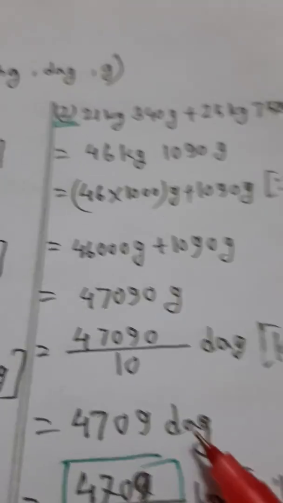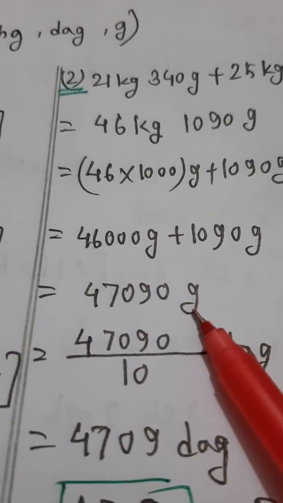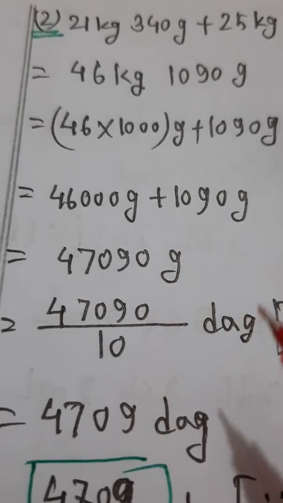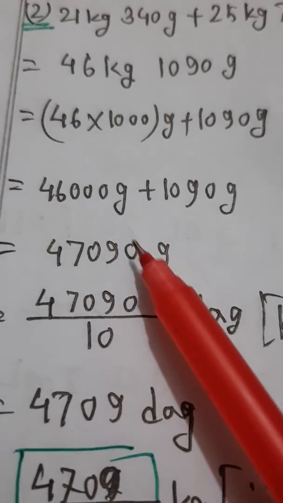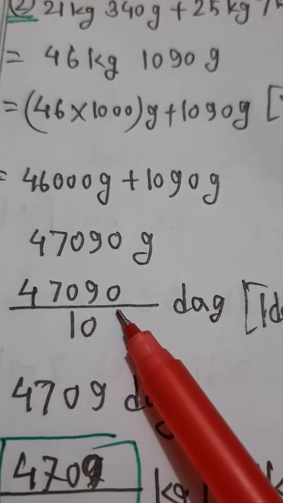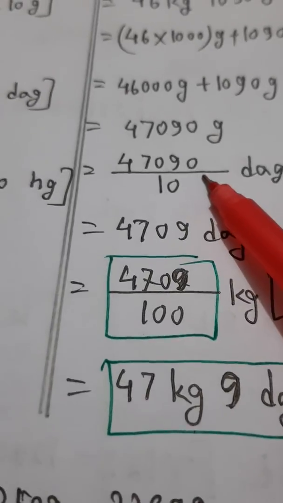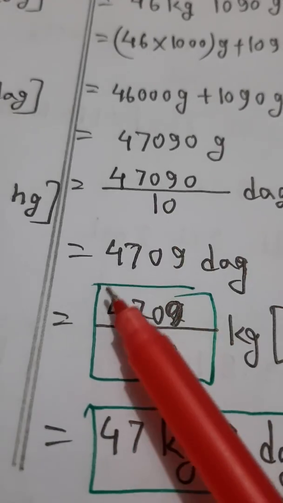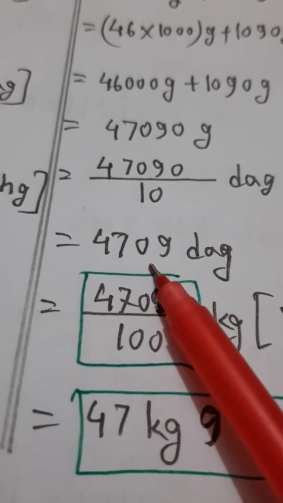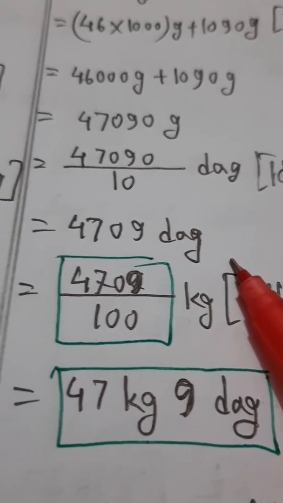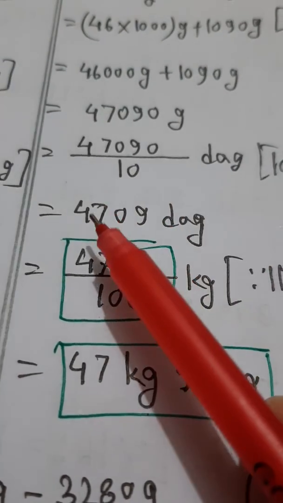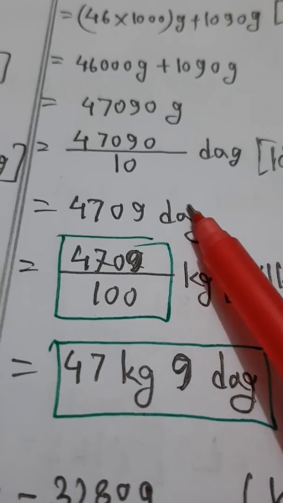Kg and decagram. So gram to decagram we divide by 10. Just the 0 is deleted from each. So 4709 decagram. Then we express the answer in kg. 1 kg equals 100 decagram.